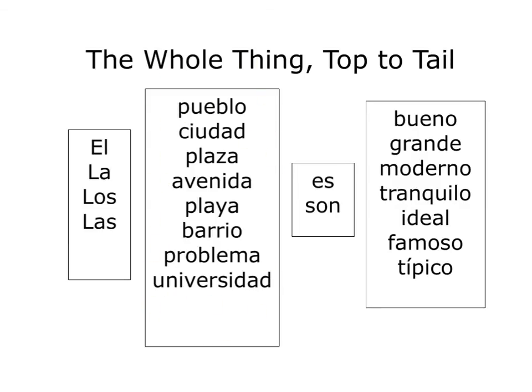The nouns. If you pick something feminine and singular from this list, like avenida or playa, which one do you pick from this column? You pick la. And would you say the beach is or the beach are? In English, you would say the beach is. So in Spanish, you would have to pick something equivalent.